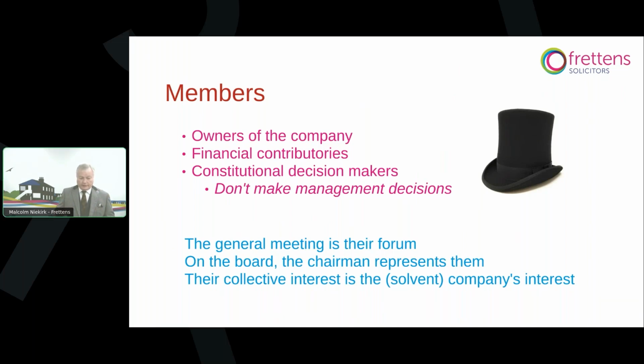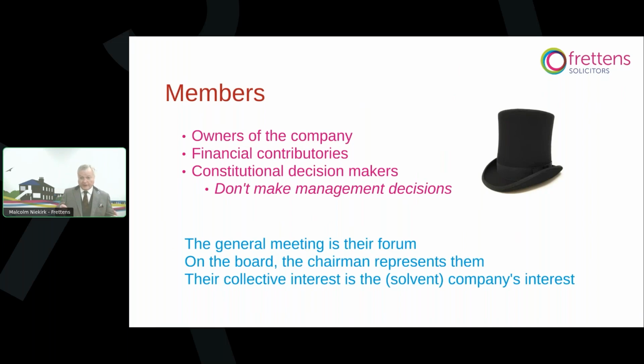By convention, most companies regard it as being the responsibility of the chairman of the board to represent the interests of the shareholders of the company and to be the liaison between the board and the shareholders.